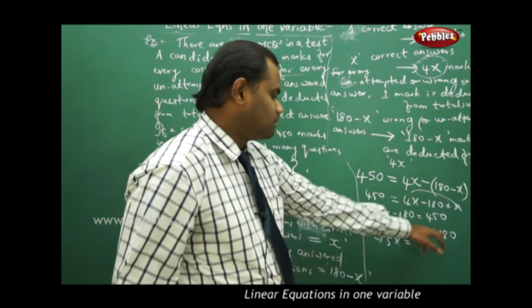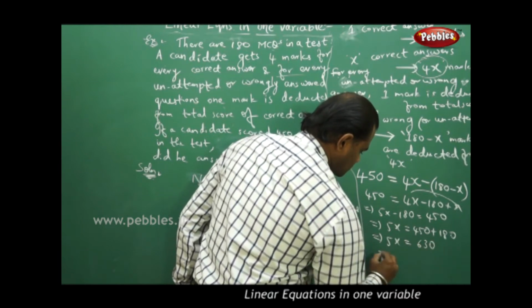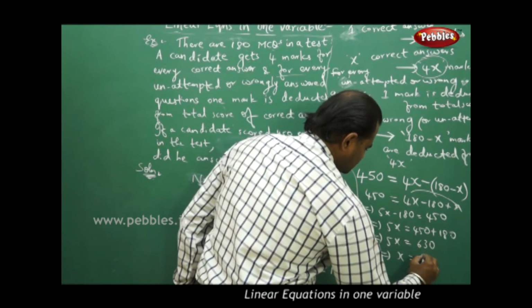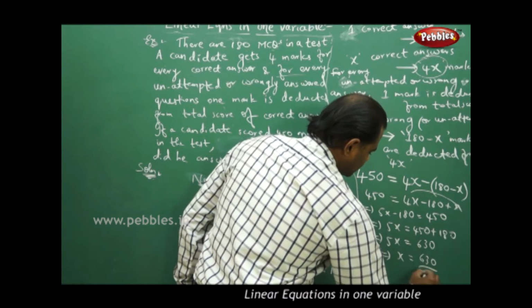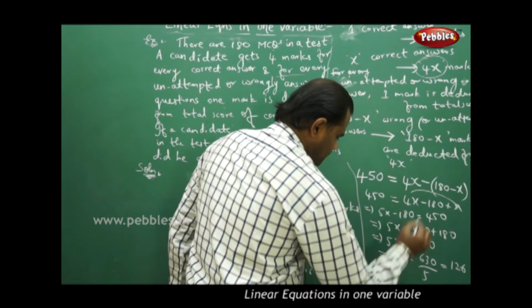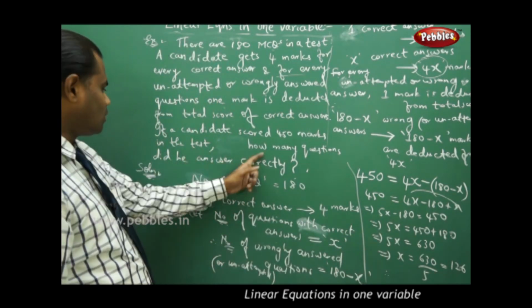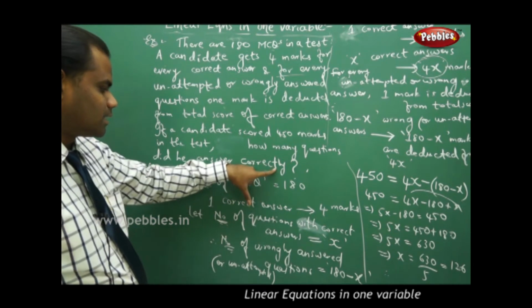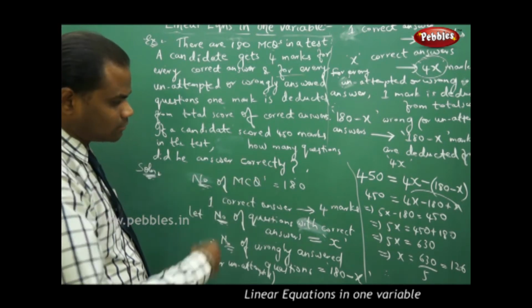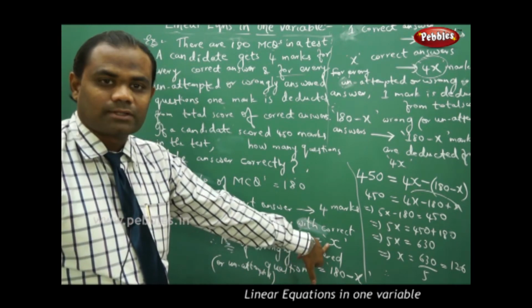So 450 plus 180 is 630. So x would be 630 divided by 5, which gives me 126. Therefore, the number of correctly answered questions is 126.